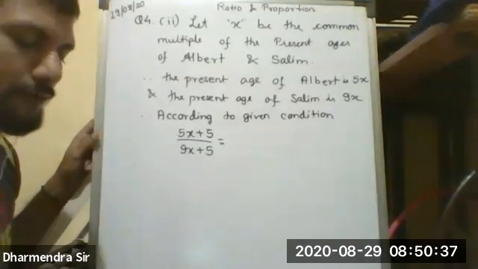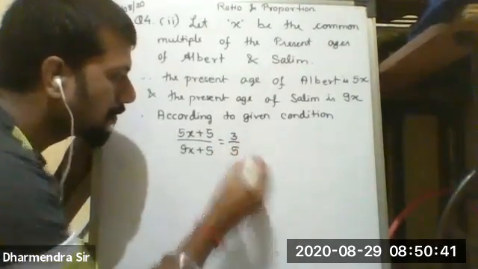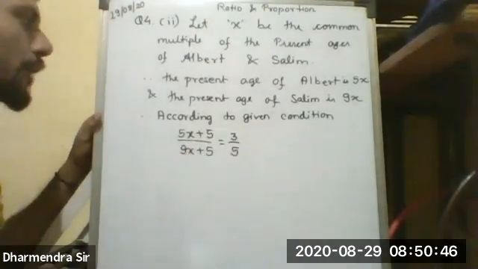So the ratio after 5 years will become 3/5. Hope you understood this step. So this is according to the given condition.